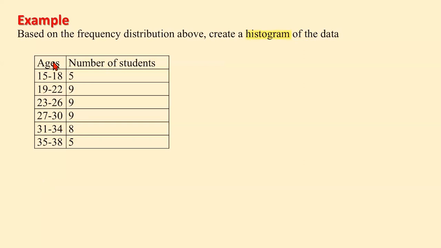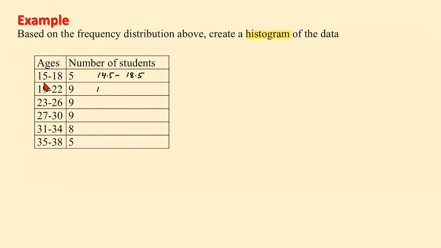Because there is a difference of 1 between the upper limit of the first class and the lower limit of the second class, if you divide that 1 by 2, it will be 0.5. That means we subtract 0.5 from all lower limits, and we add 0.5 to all upper limits. So the first class will be 14.5 up to 18.5.